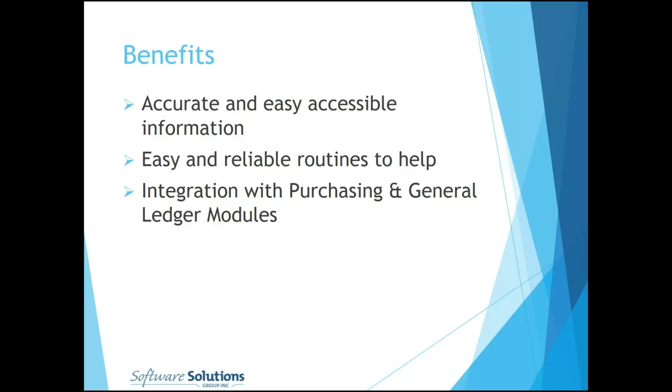Also, when you do any of the other routines such as adding assets, retiring assets, transferring, it will create a journal entry for you that you're able to go ahead at that point and then post back to your general ledger.